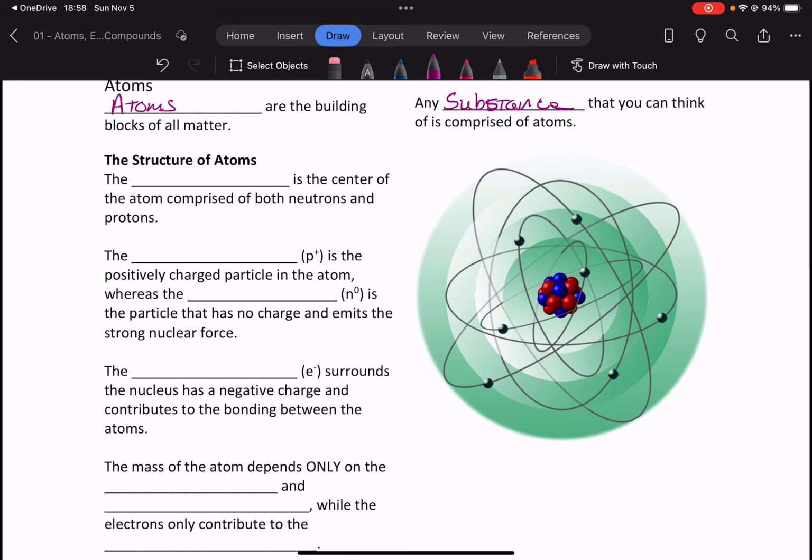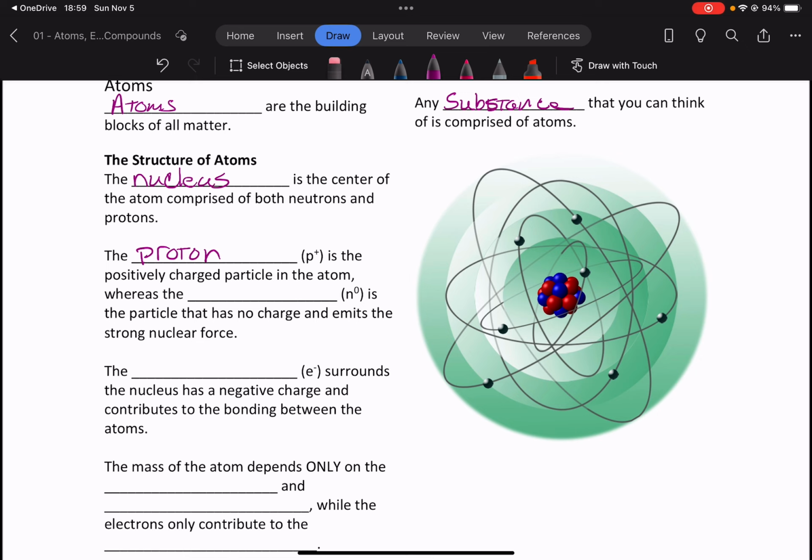So let's look at the structure. We've got a basic structure here. The nucleus is the center of the atom, and it's got neutrons and protons. That's where they live. The proton, you will see it as a P plus, is a positively charged particle in the atom.